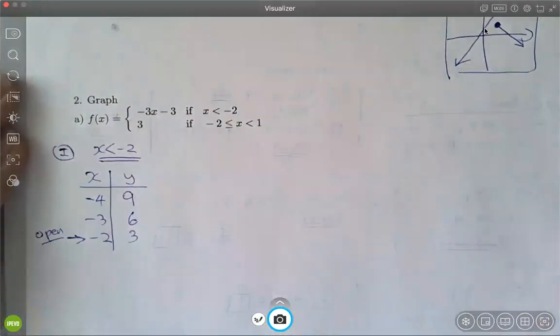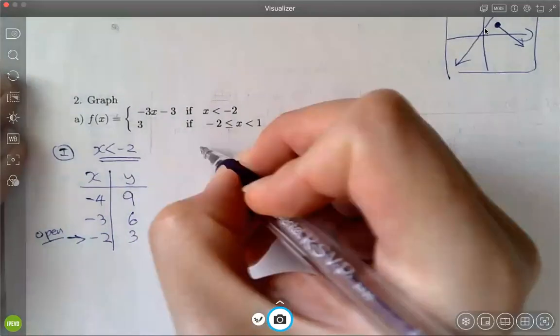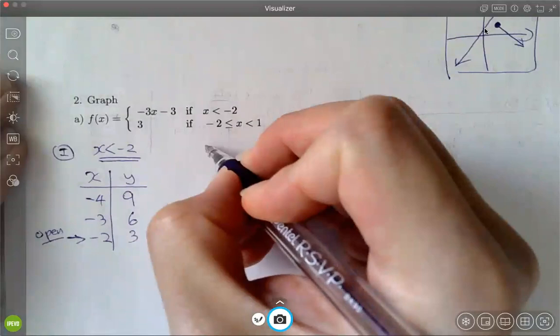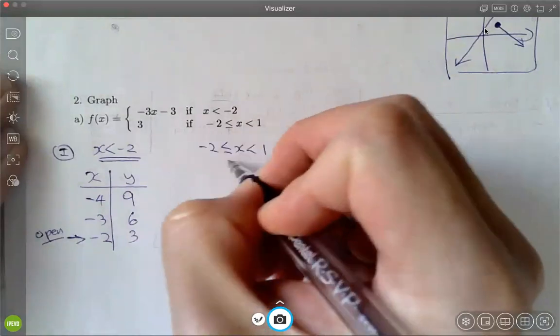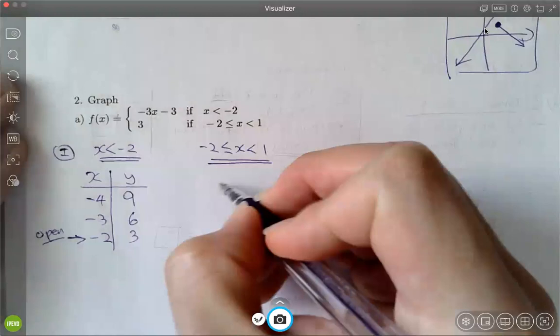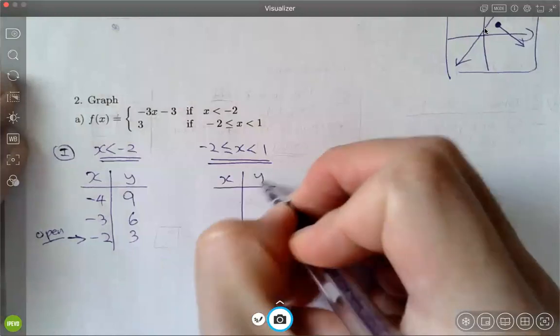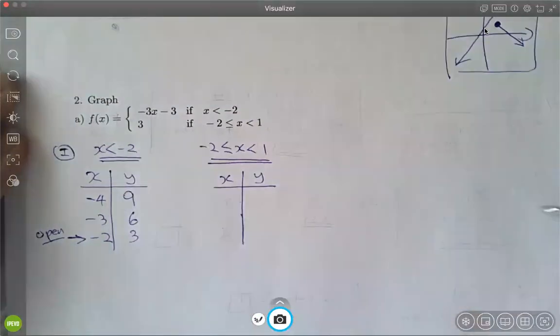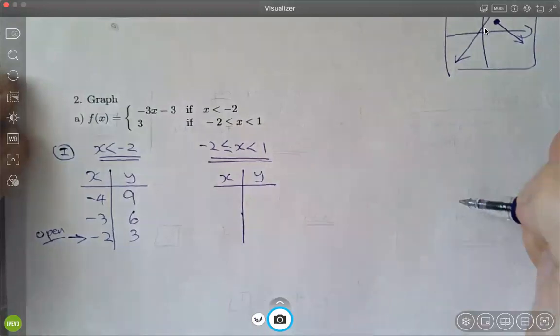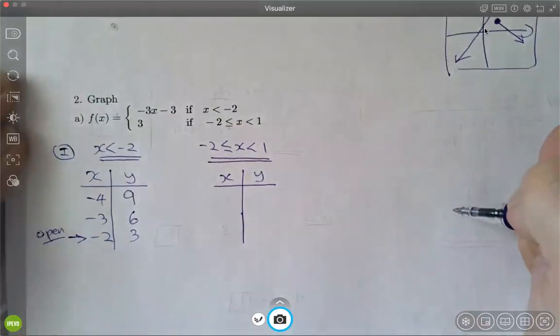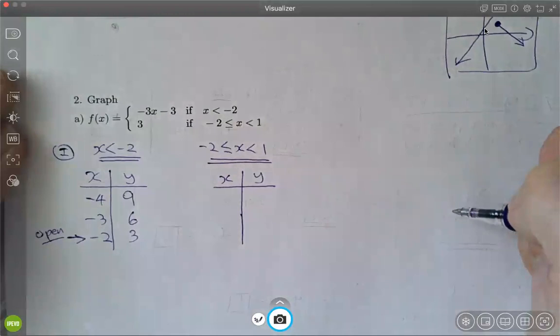Okay, but negative 2 comma 3 is not part of the first piece, right? And now, the second piece, negative 2 less than or equal to x less than 1. Okay, so now here, what can we choose as the x value or x values?